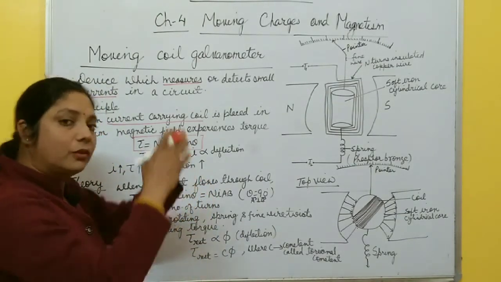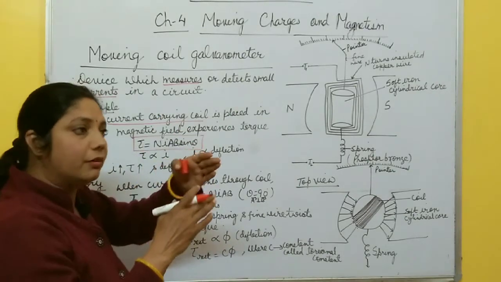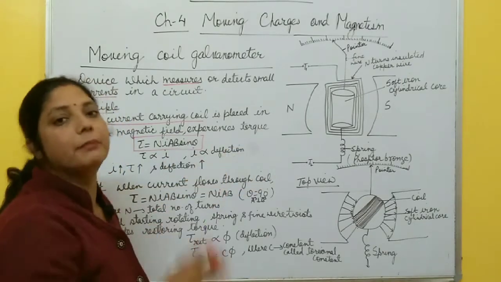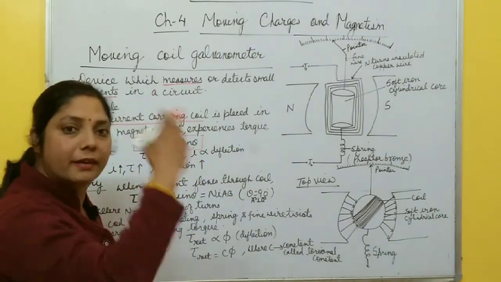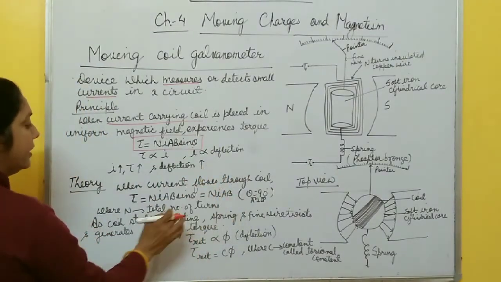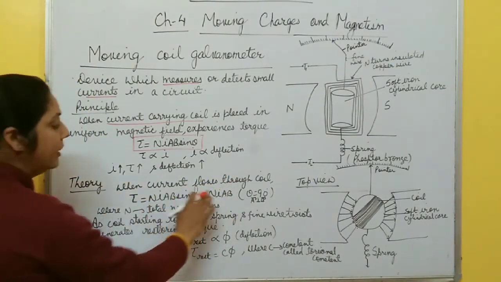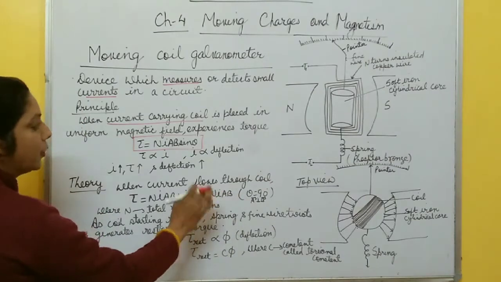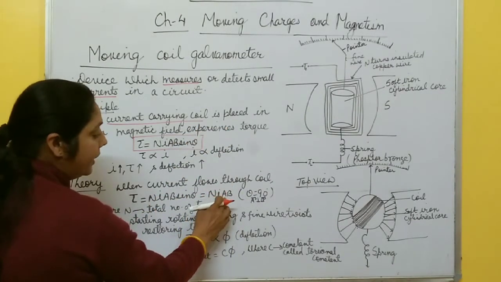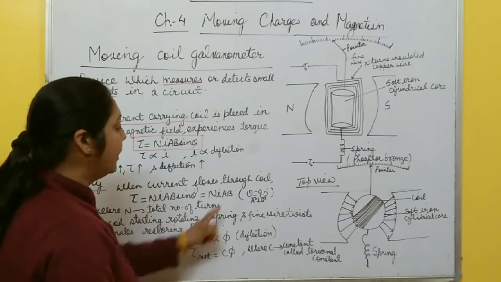It means the plane of the coil is along the magnetic field, so that the area vector and magnetic field make an angle of 90 degrees. So here theta is 90 degrees, so torque is given by NIAB.